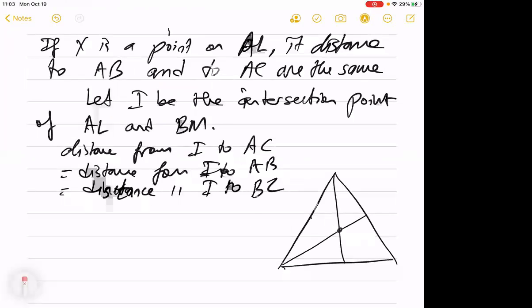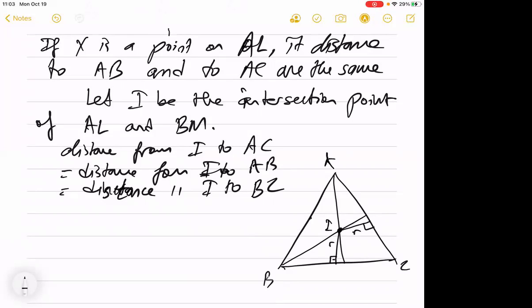So the distance from I to segment AC is the same as the distance from I to BC. Let this length be little r, and that length is also r.